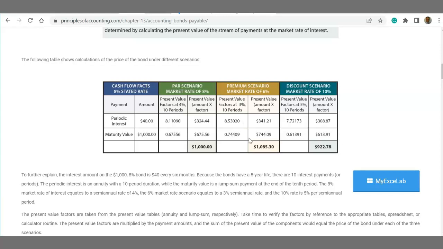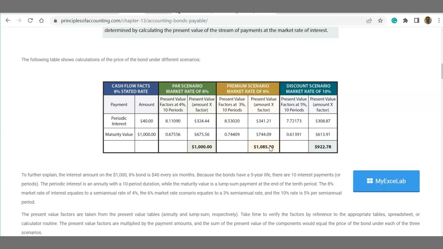If there's a premium, so here the corporation will get $85 extra from investors. In a normal situation, you might say, oh, this $85 extra is some type of income, right? Because you charge people $85 extra.